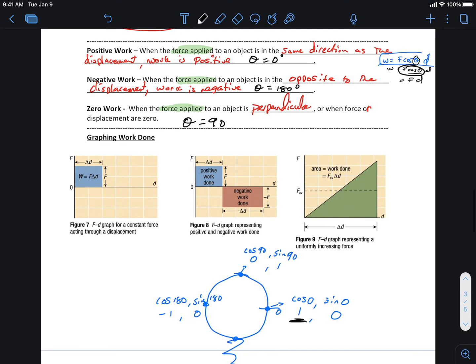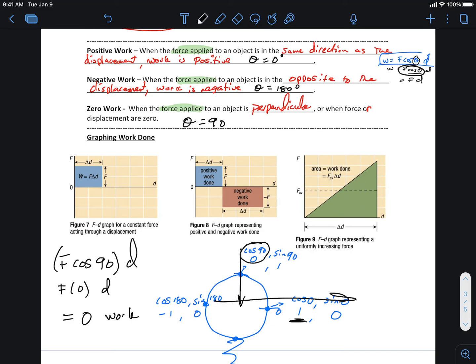Why? Well, if I wrote F cos 90 D, the cos of 90 is 0. So F times 0 is equal to 0. There's no work done. So we can't apply work if the force applied is perpendicular to the displacement.